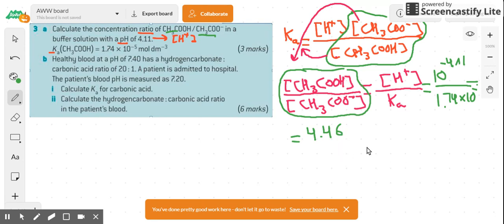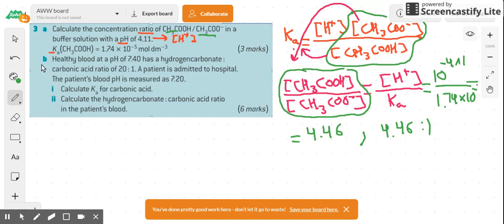So that means the ratio is 4.46 to 1. So for every 4.46 moles of the acid, we have 1 mole of the conjugate base.